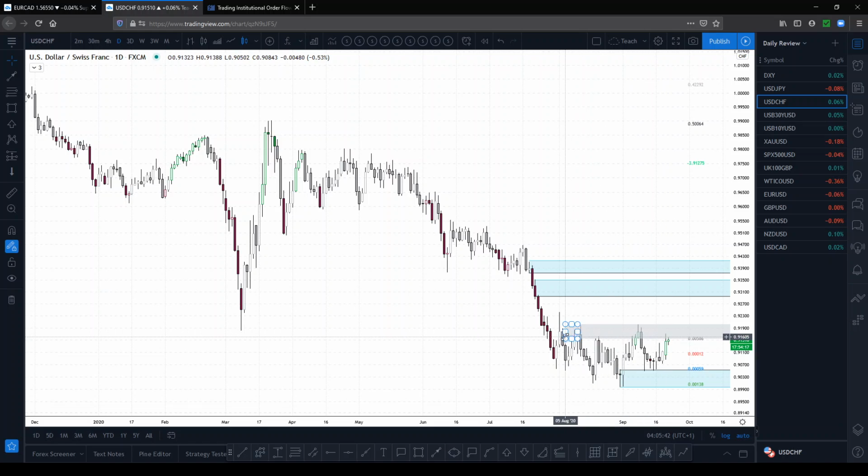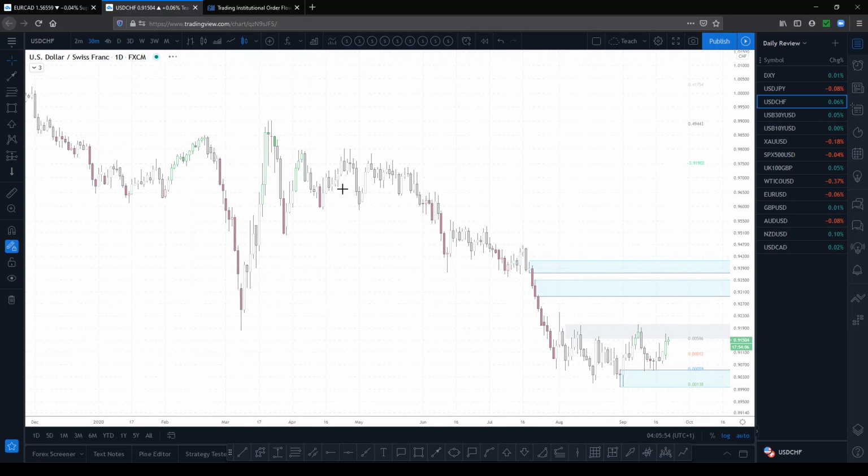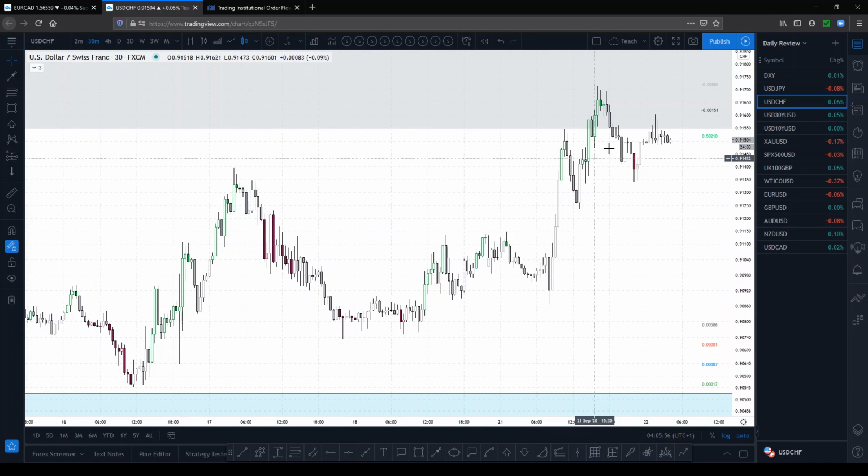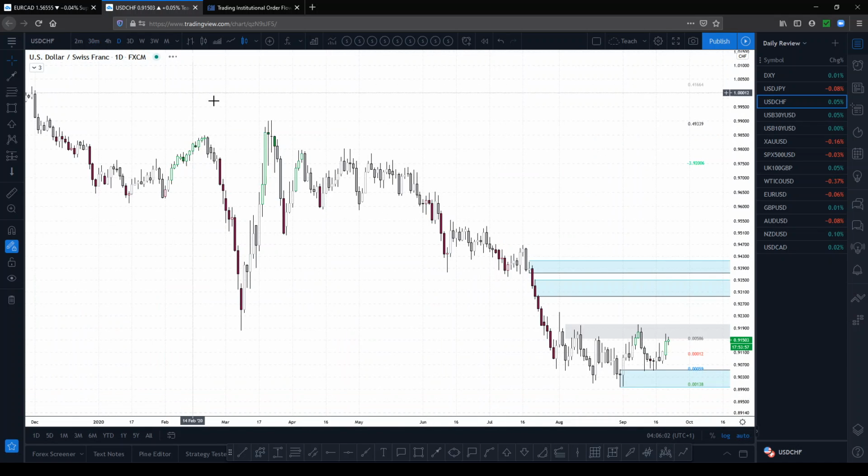We don't want to be buying into this type of area, despite what, on the intraday time frame, this move will look like, a clear uptrend. For example, if I take you to a 30-minute, you can see the prices have been moving up as we break down that whole move to the upside. But we don't want to be buying into that.